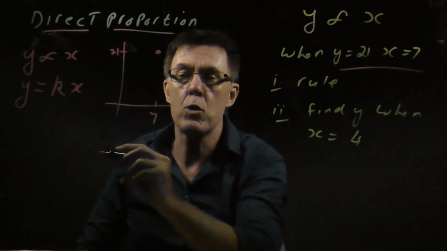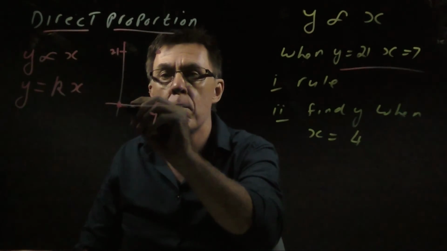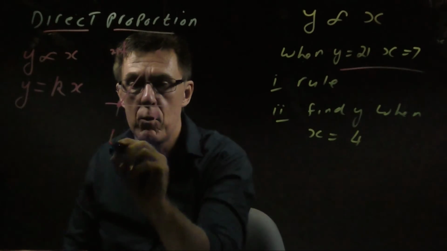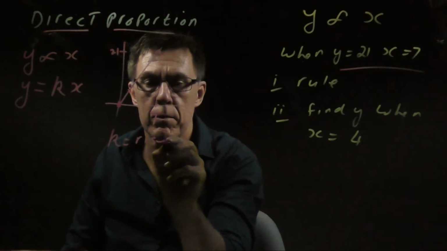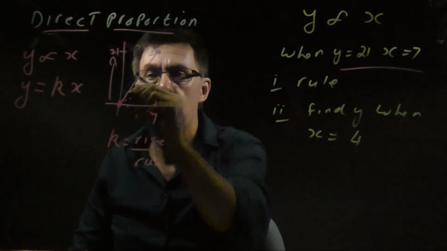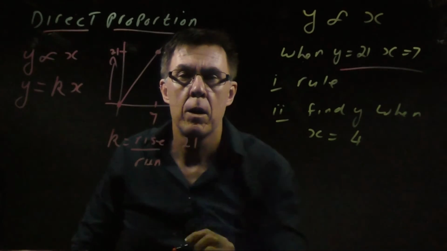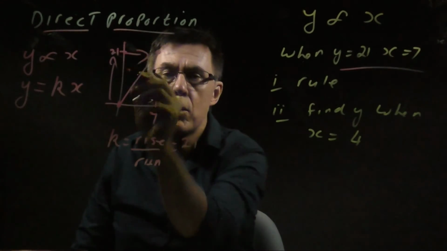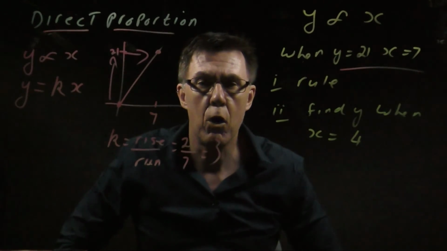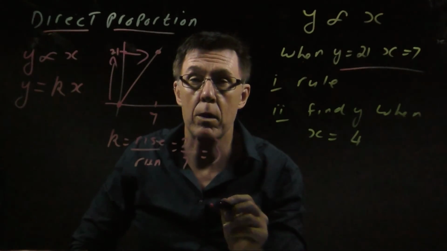We know that direct proportional graphs always go through the origin. So there's our straight line. Hey, look at that. We have rise over run. In other words, the slope of the line. It rises 21 units and travels across 7 units to give our constant of proportionality as being 3.